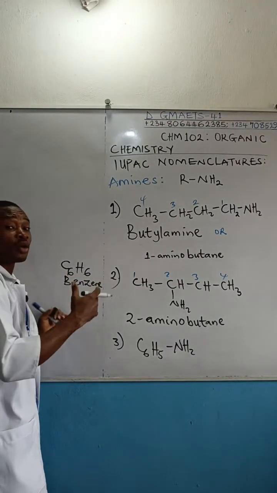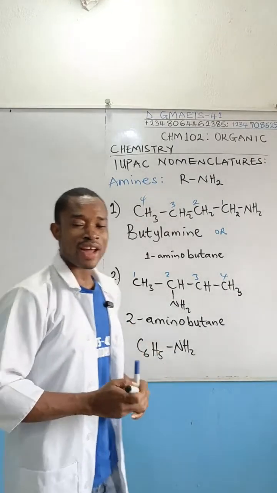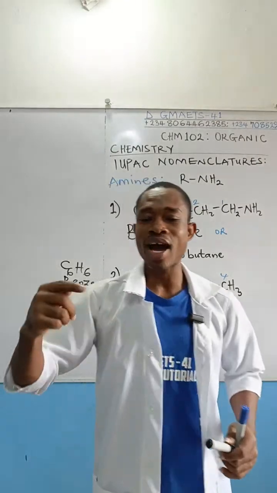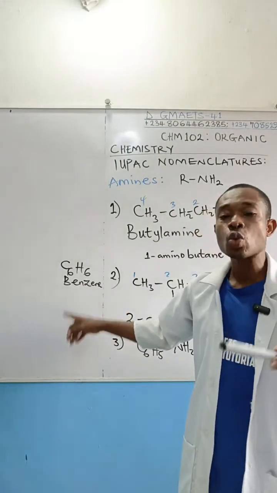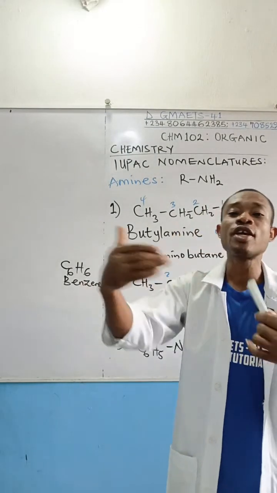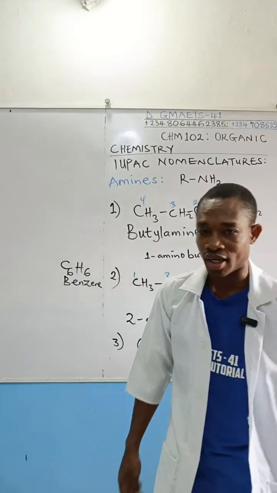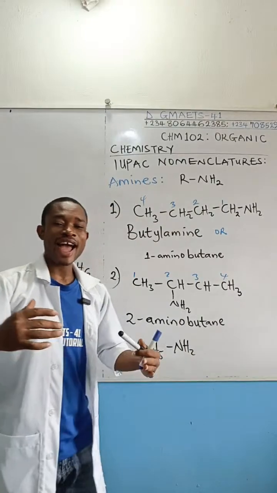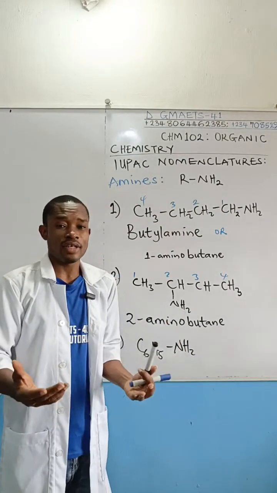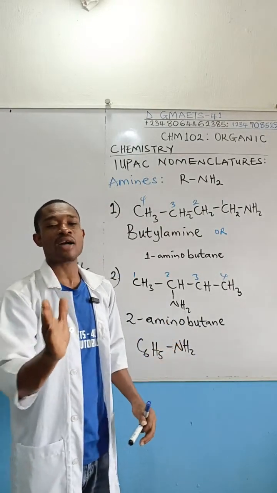Just like we have alkane, I told you if an alkane loses one hydrogen, it becomes alkyl. The same thing is, if benzene loses one hydrogen, there is a name we give to the resulting group. We call it the phenyl or the aryl. It's actually aryl, yeah, aryl. Just like you have alkyl.